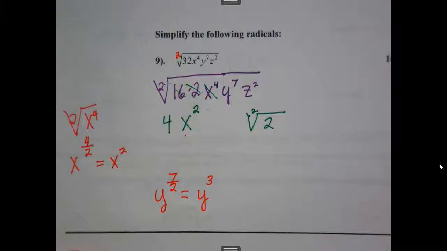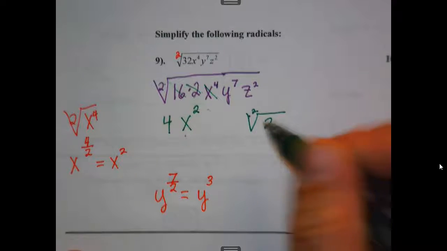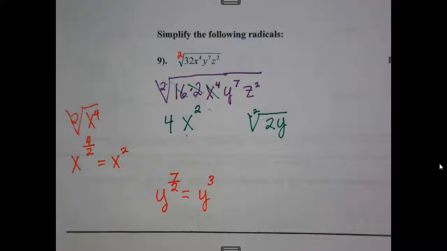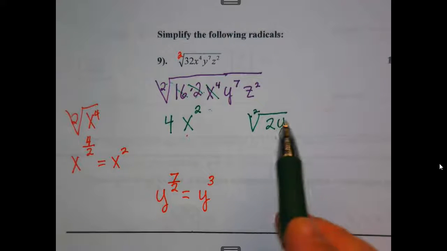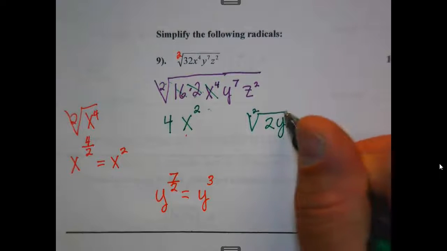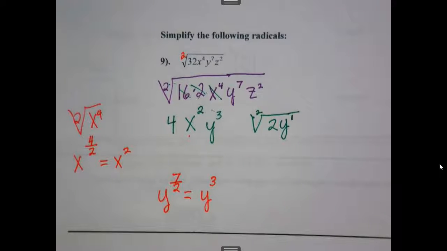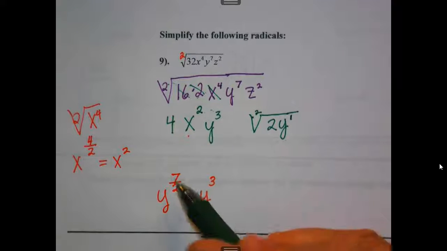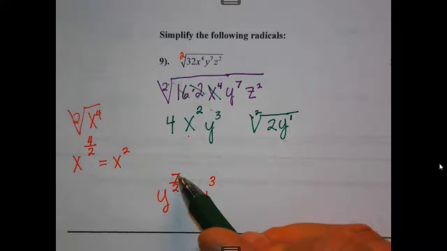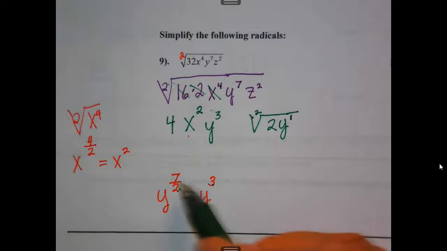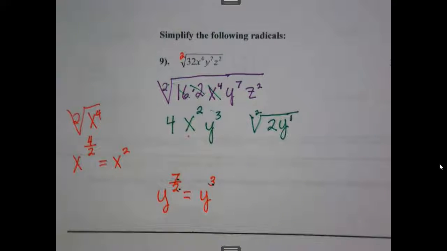So I'm going to put that 1/2 underneath my radical. It's y to the 1. I have 1 left: 2 times 3 is 6, 7 minus 6 is 1. If you want to put your 1 there, go ahead. In other words, the largest whole number I get from 7 divided by 2 is 3. 3 times 2 is 6, but I still have 1 to make up. That's where this guy comes in.